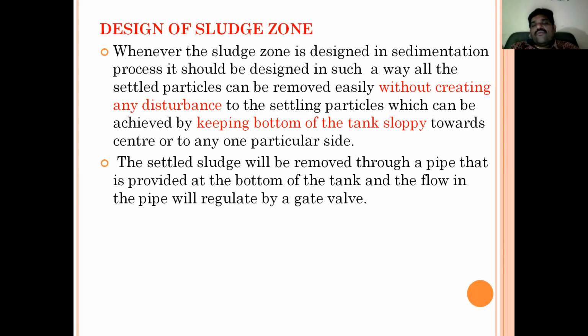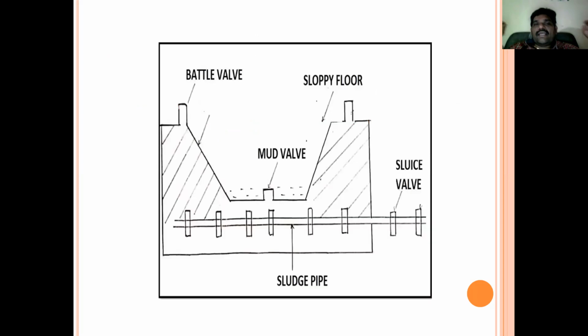The sludge must be taken away without creating disturbance to the settling particles. How can we achieve this? By keeping the sludge zone sloping towards the center or towards a particular side. Have a look over here.